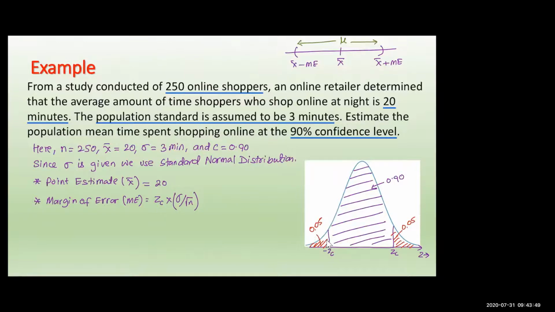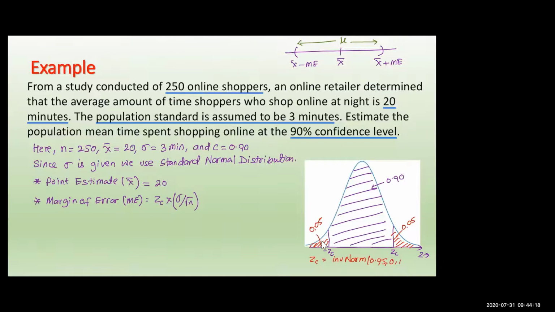Now, in order to find z sub c, we use the inverse normal distribution. Inverse normal in our TI-84 calculator, we go to second vars and number 3. Then we write the area to the left of z sub c. Area to the left of z sub c is 90% in the middle and 5% here, which is 95% or 0.95.